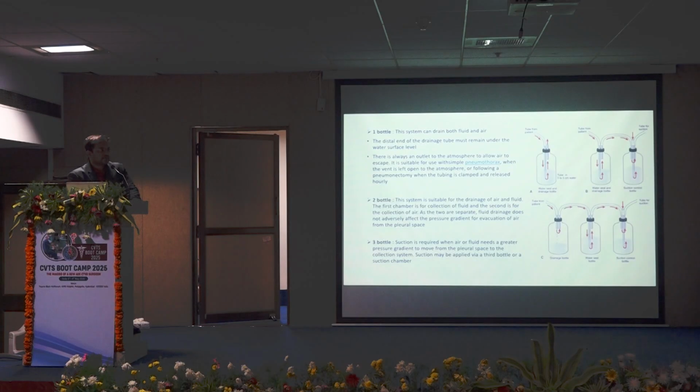In the ICD system, there are 1 bottle, 2 bottle and 3 bottle systems. The most commonly used is the 1 bottle system, which we all may have seen, used for normal pneumothorax or any post-op lung resections.